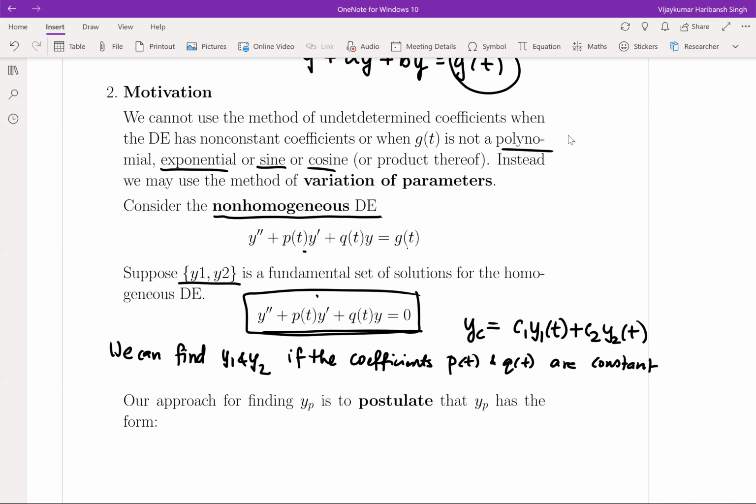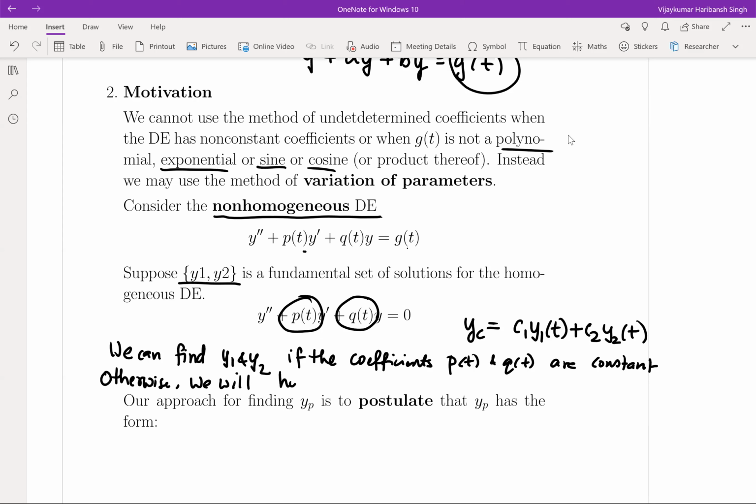Then we can find the solution to the homogeneous differential equation using the characteristic equation. Otherwise we need more techniques, and hopefully we will see how to use power series to find the solution.